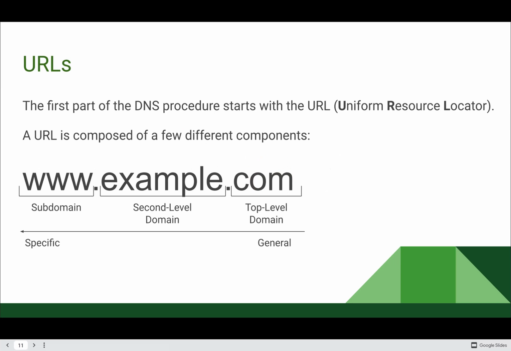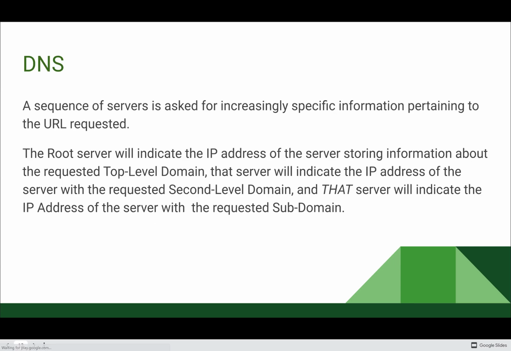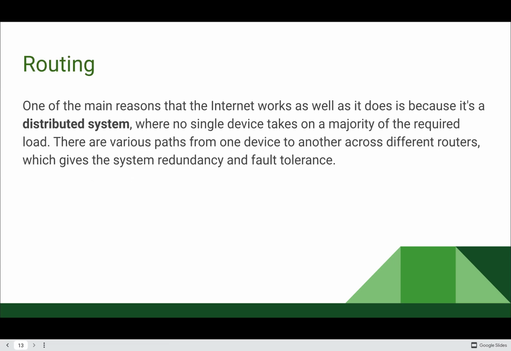We'll go to that server and we'll ask the example.com server, where can I find information about www.example.com? And then that should finally tell you the actual IP address for the server we want to communicate with. So we're going to go more and more specific, finding IP addresses for the website we want to visit. And then we can send a message to that IP address.